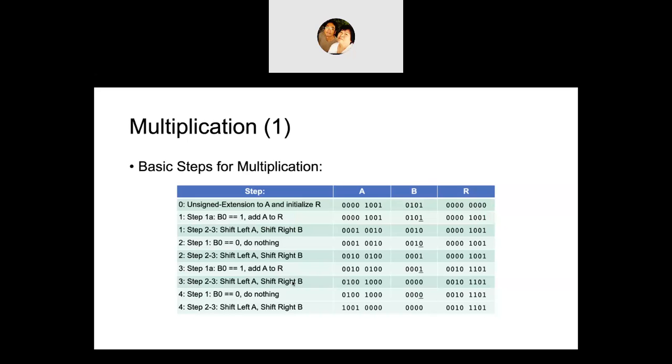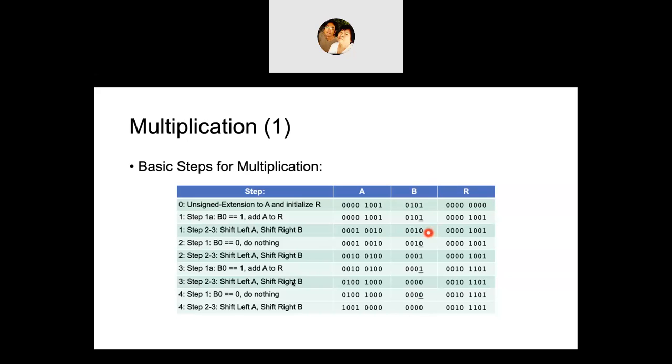And then we shift A to the left, shift B to the right, and this is the first loop.